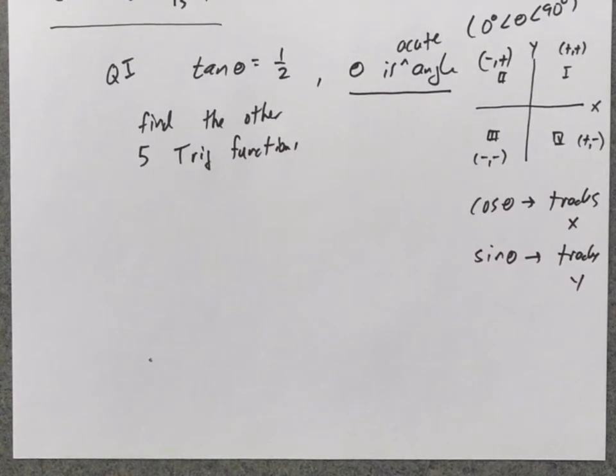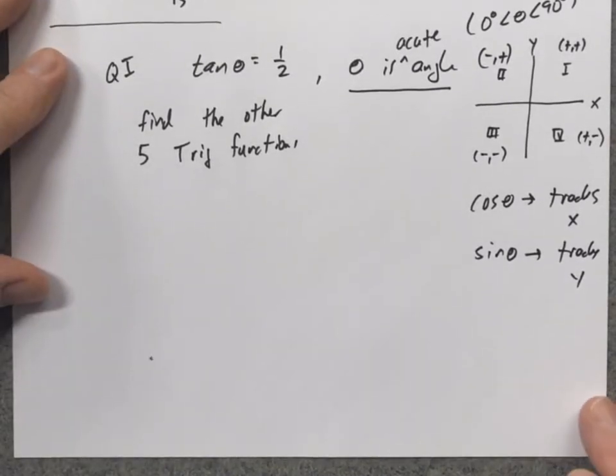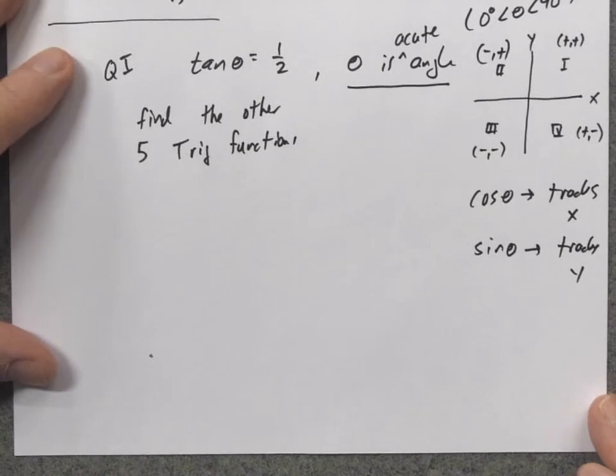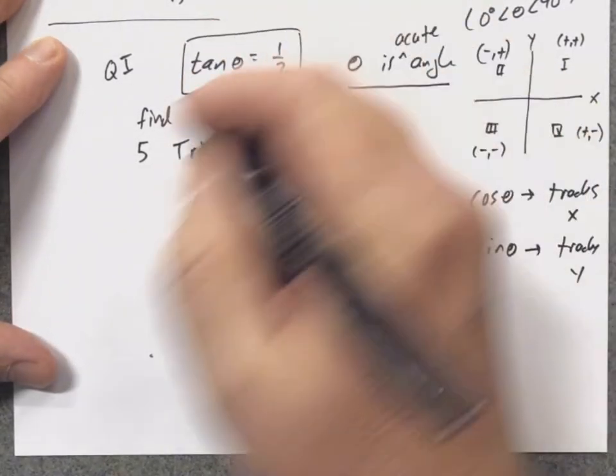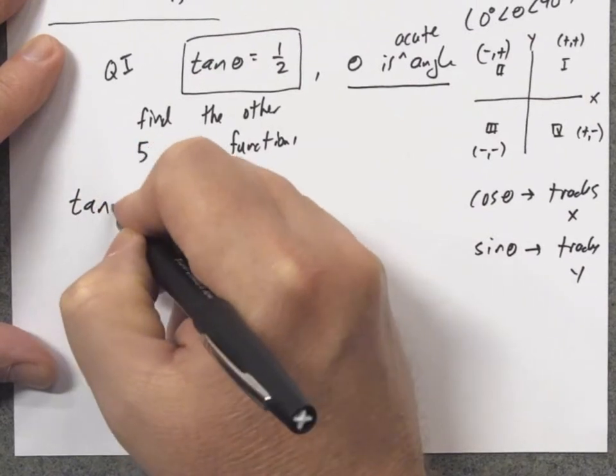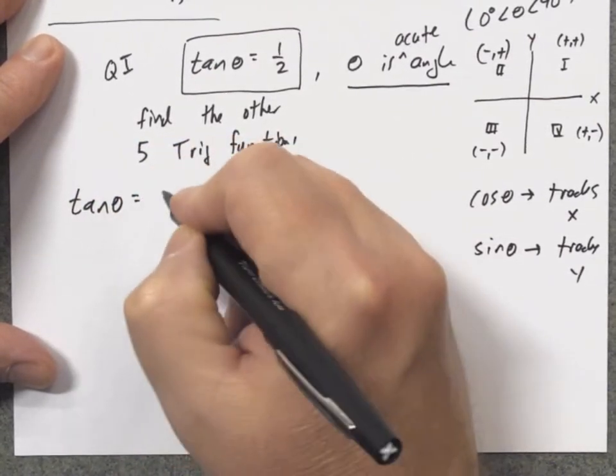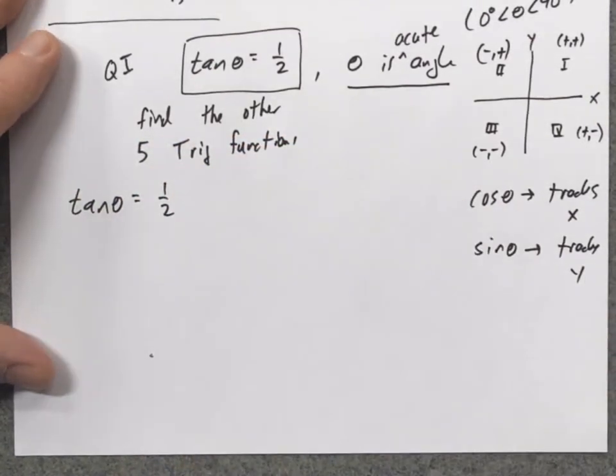They gave us one of them, so we want to find the other 5. So how do we do this? Here's the way I like to do it, the way I showed you in class. I take this trig function, and I'm going to go create a right triangle based upon this trig function.